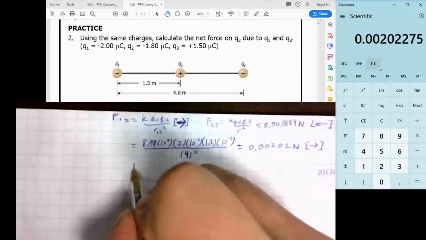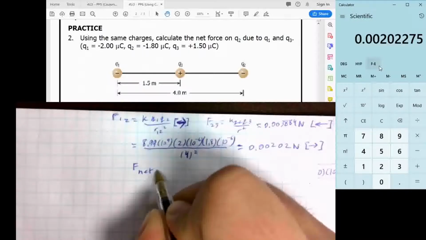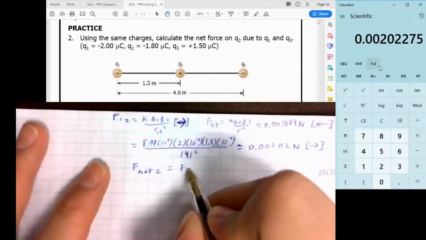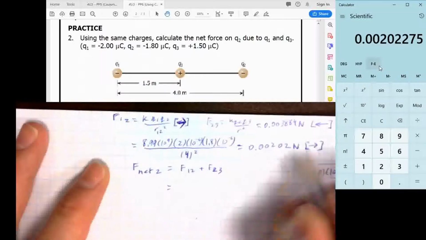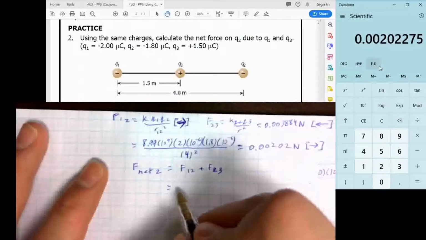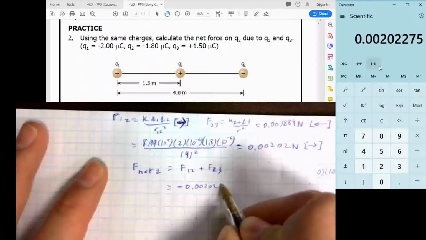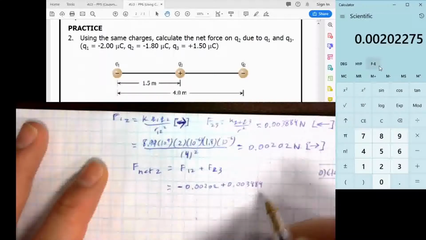Now I have to find the net force. So F net of 2 is going to be the vector addition of F12 plus F23. I'm going to take left as positive because it's the larger value. So this is negative 0.00202 plus 0.003884.